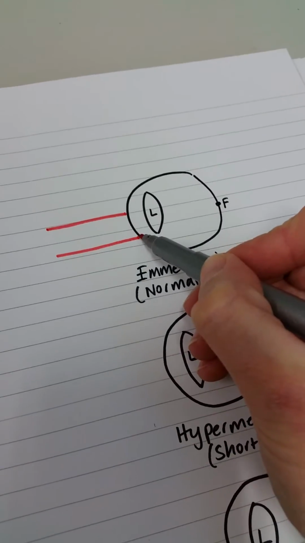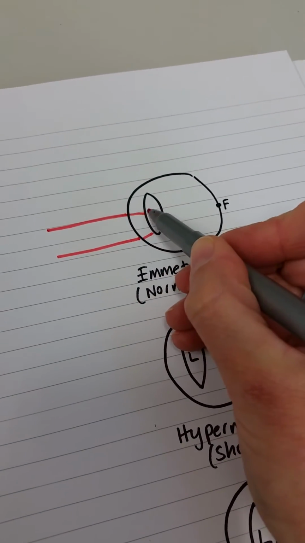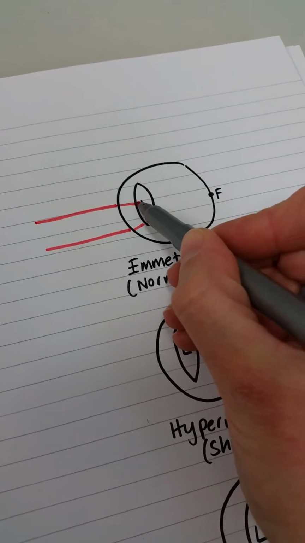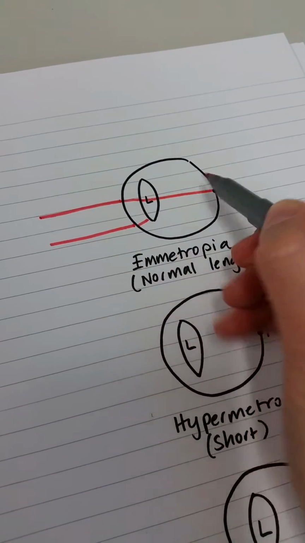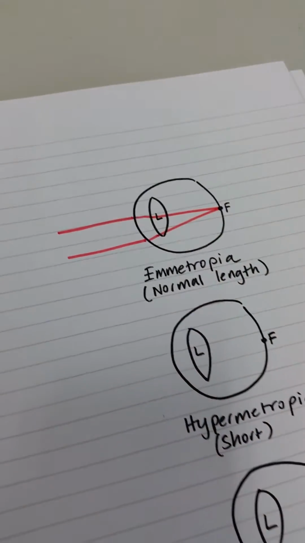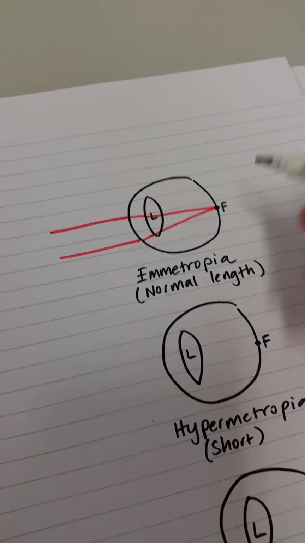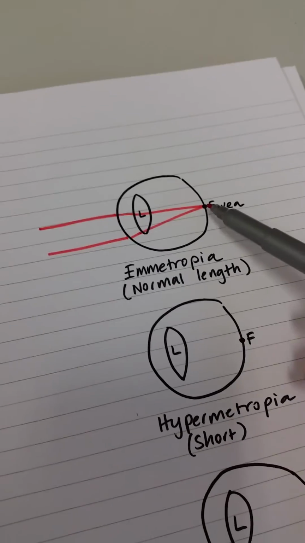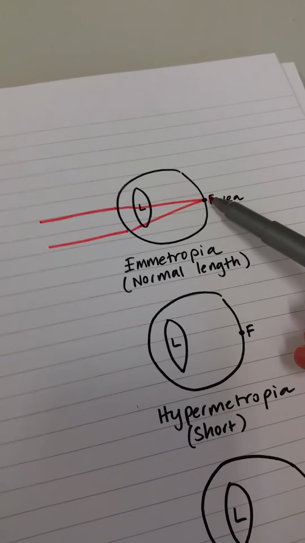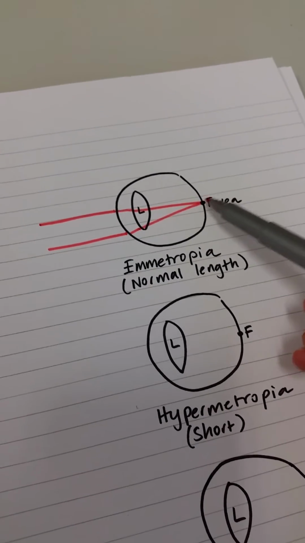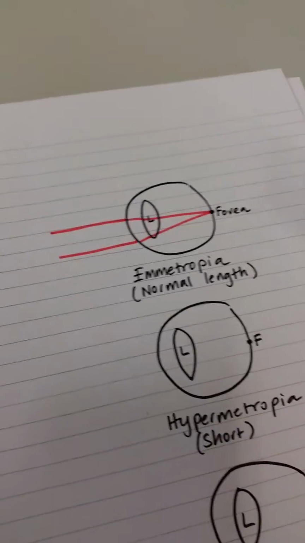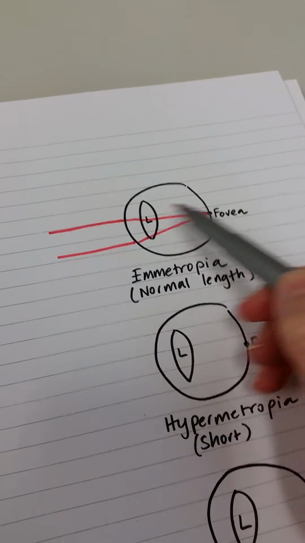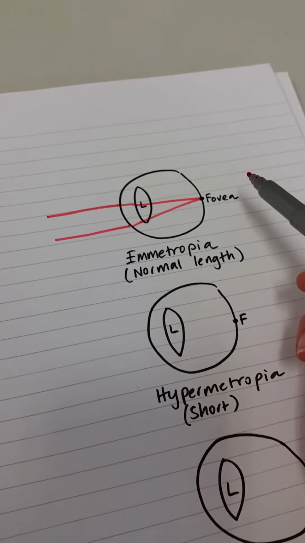They bend ever so slightly and a little bit more through the lens, which I've labelled here L. And eventually they come to fall and converge onto the fovea here at the back of the eye, fovea. And as you can see, they land perfectly well on the fovea. And so this patient sees very well and doesn't need a lens in front of the eye here to bend the light rays in the appropriate direction.